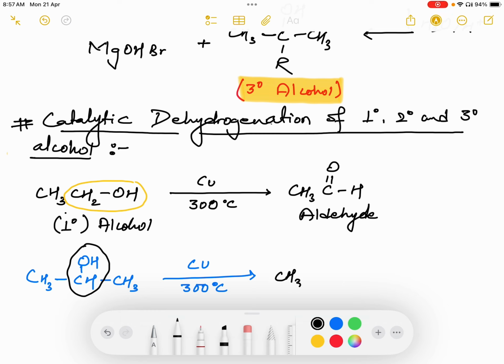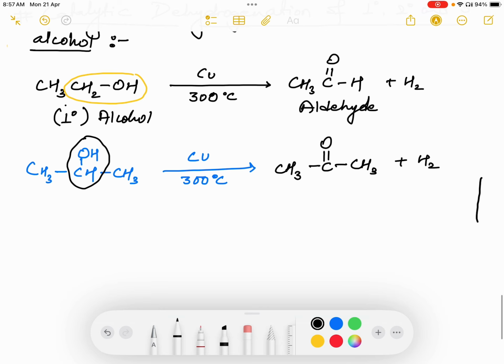That will be CH3, C double bond O, CH3, along with the liberation of H2. So 2-degree alcohol gets converted into ketone.